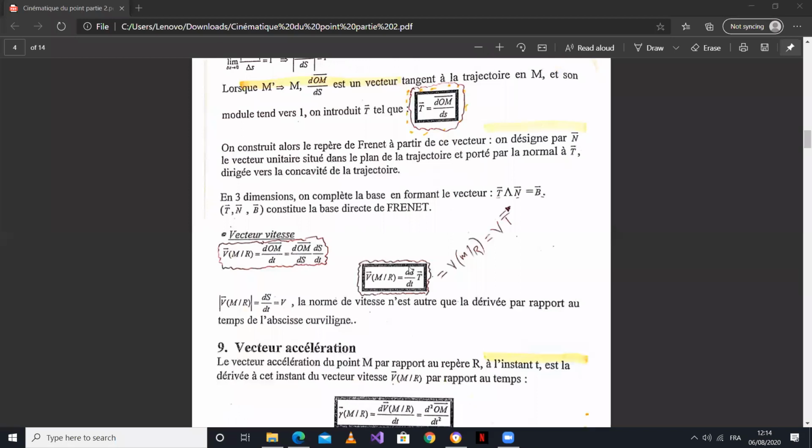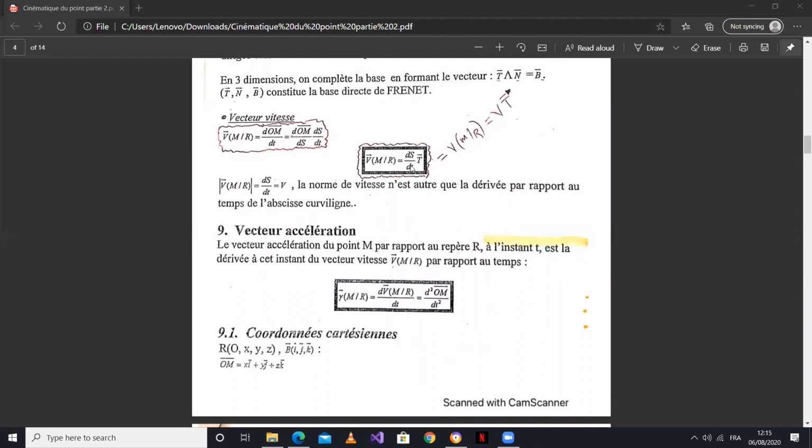We calculated this and saw where it came from, so we have the velocity vector as that one. And as we know already, to find the acceleration vector we have to derive the velocity vector, and that's what we are going to do here in the Frenet frame.